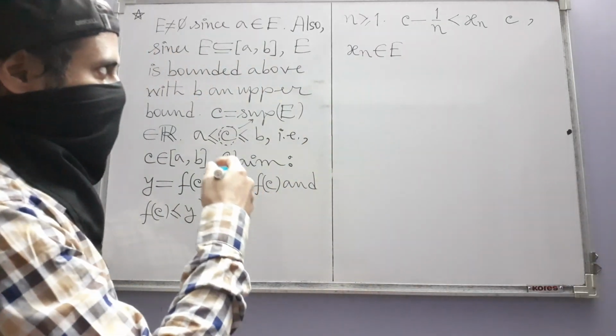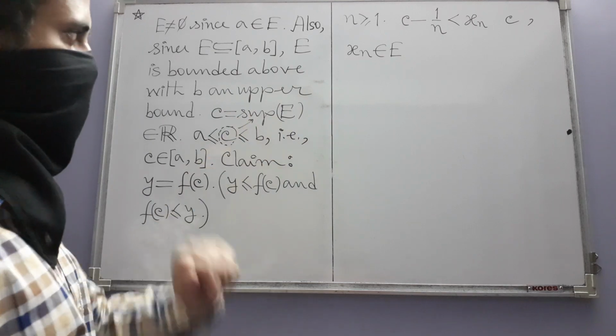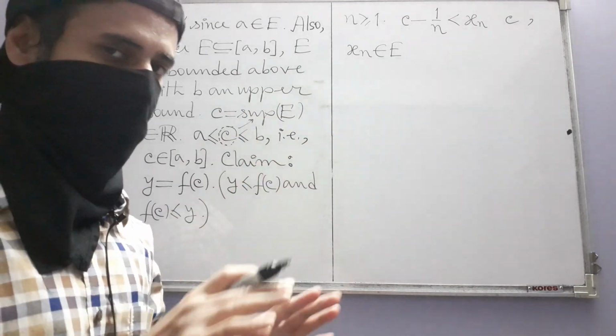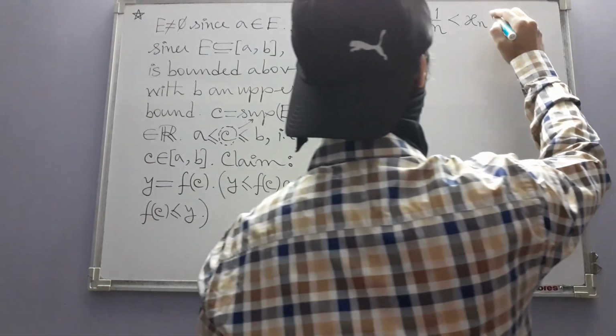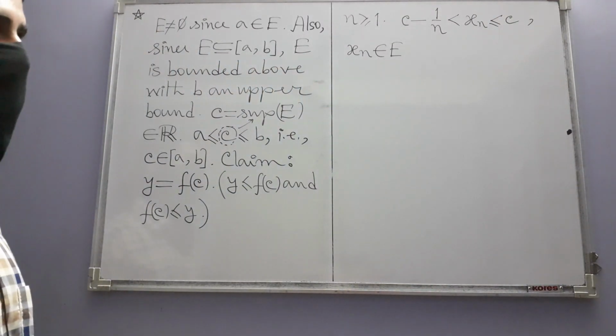But because xn is after all coming from e and c is an upper bound for e, it's the least upper bound, but it's an upper bound after all. So xn at the same time has to be less than or equal to c.